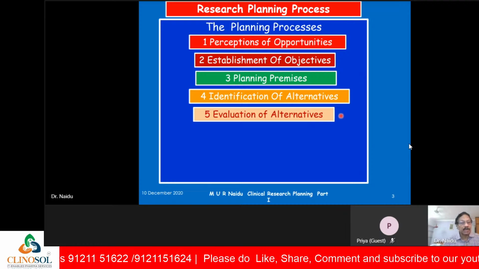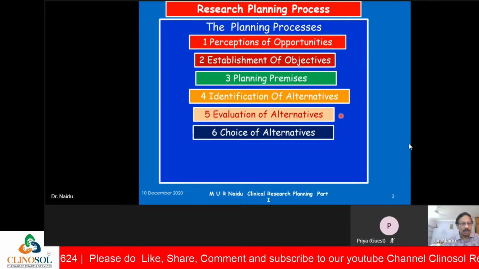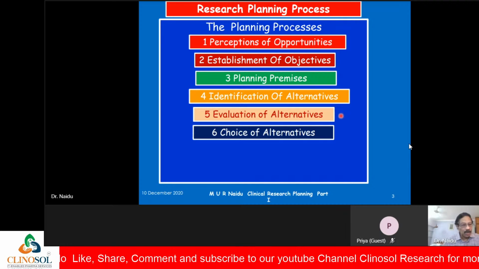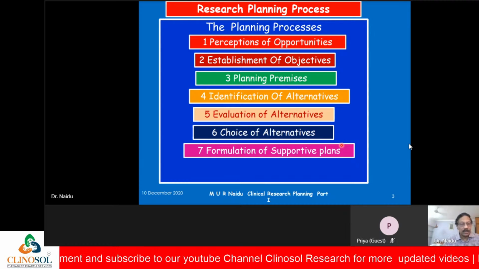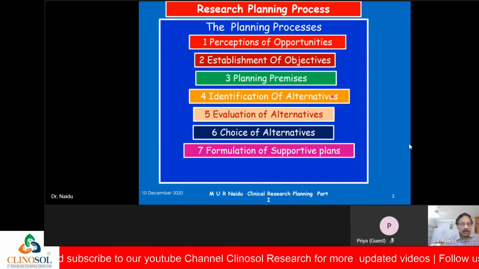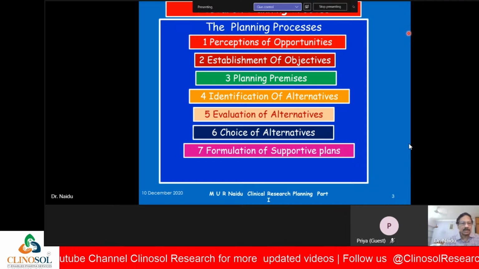So evaluate them. Then select a choice: if alternative number 1 is not possible, then number 2, number 3, like that. So you should have a choice. And then you have to look into the formulation of your supportive plan. So this is the entire planning process for any clinical research.